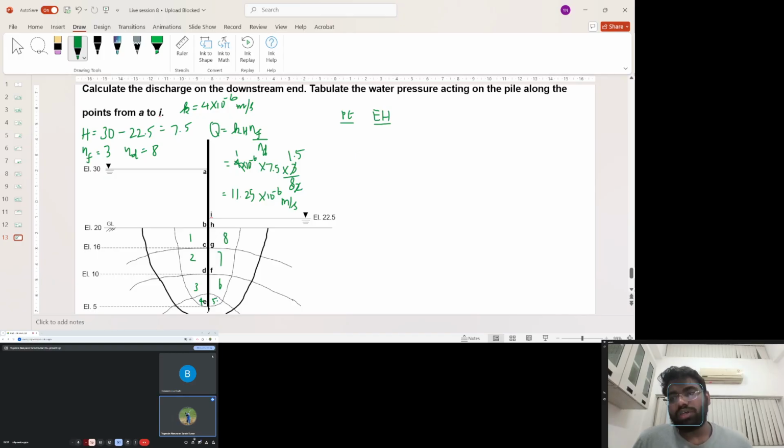Earlier, it was single direction flow, so it was easier for us. Now it is two-dimensional flow, and we can see how the flow net is used here. So this is elevation head, and this is total head, and this is pressure head, and this is water pressure.